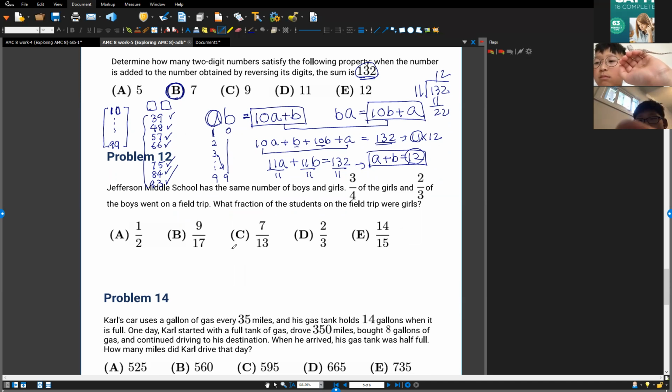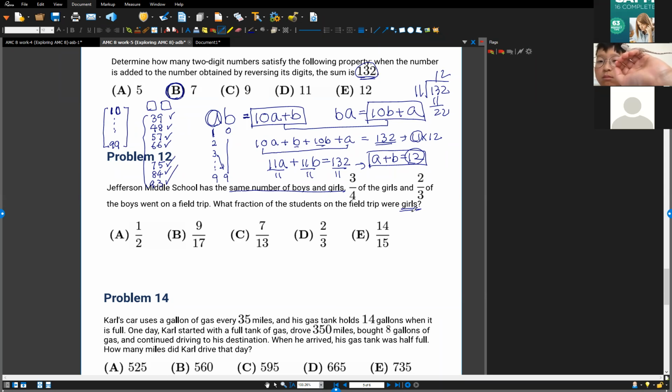Jefferson Middle School had the same number of boys and girls. They said boys and girls are the same numbers. That's the first one. 3/4 of the girls and 2/3 of the boys went on a field trip. What fraction of students on the field trip were girls?